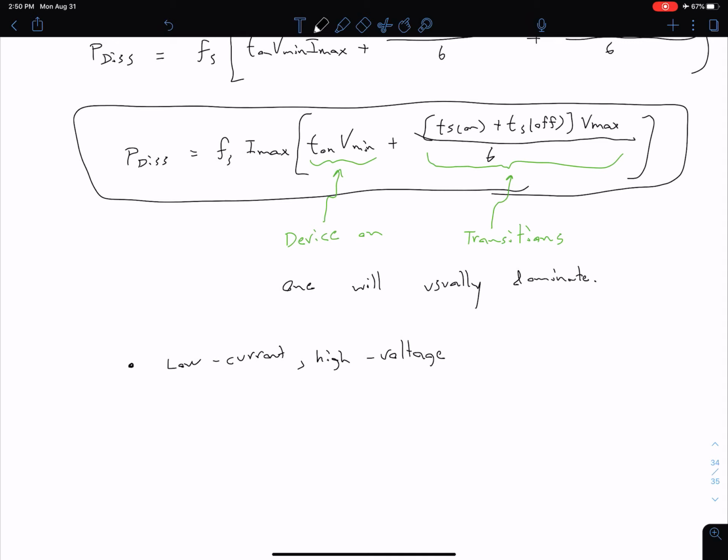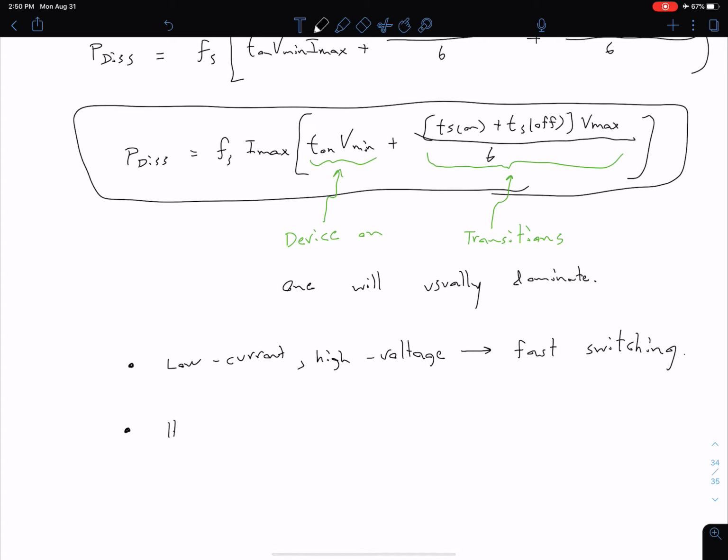In that case, we want fast switching, so we want these values to be really small to counteract our large V max and keep our efficiency high.